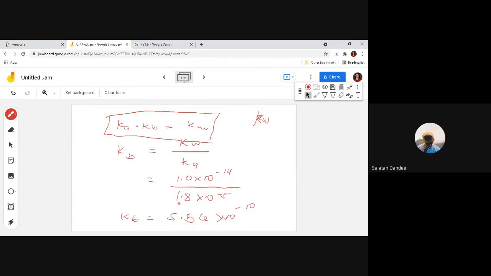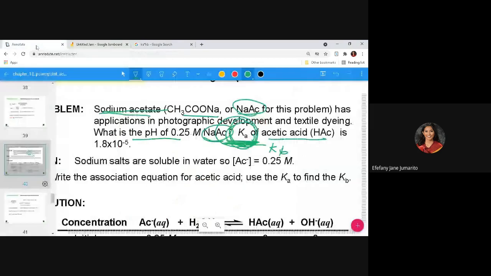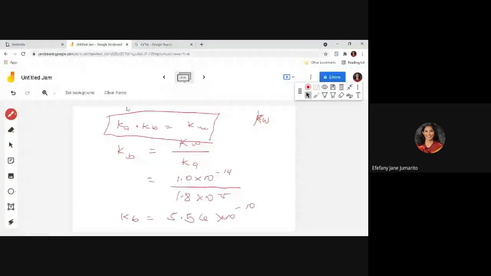The 1.8 is given here, right? Okay, 1.8. So we have Kb. We got our Kb.